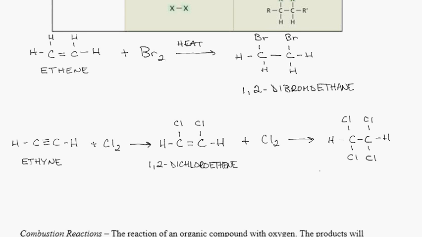So this is called 1,1,2,2, 4 chlorines, so tetrachloro, 2 carbons, single bonded, ethane.